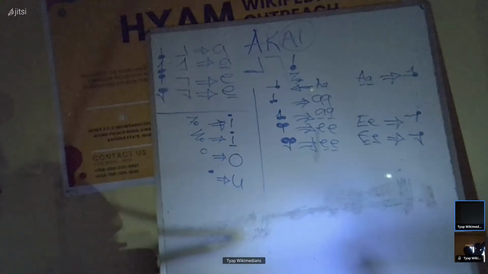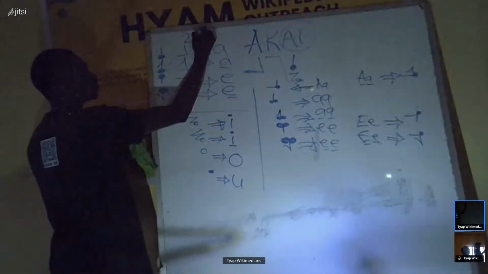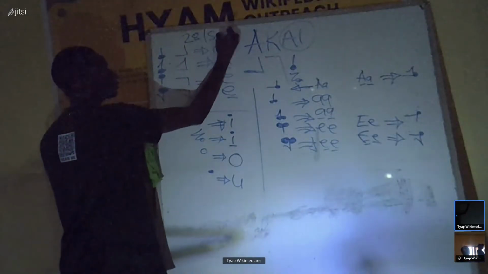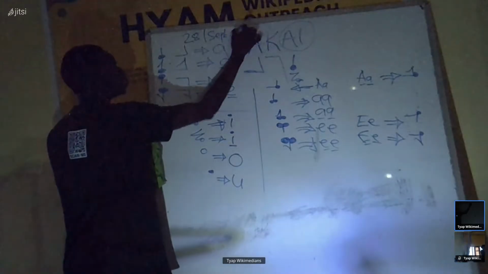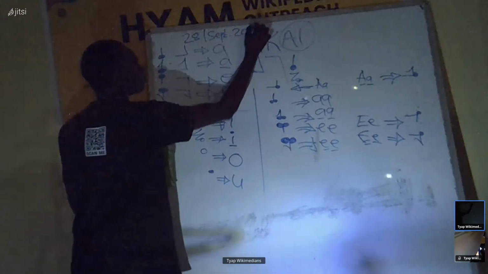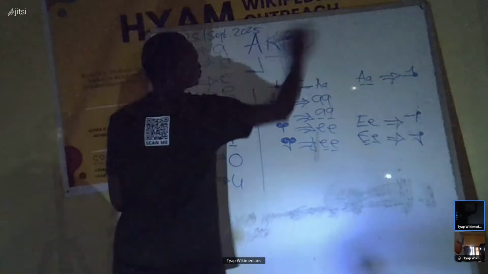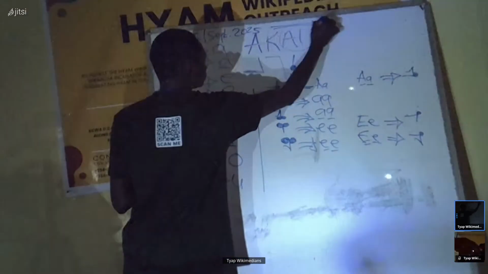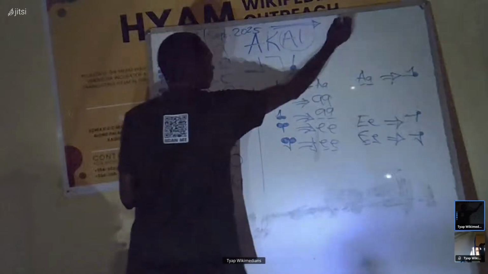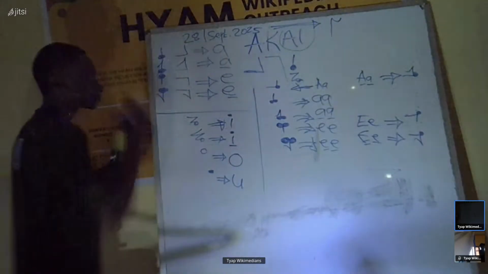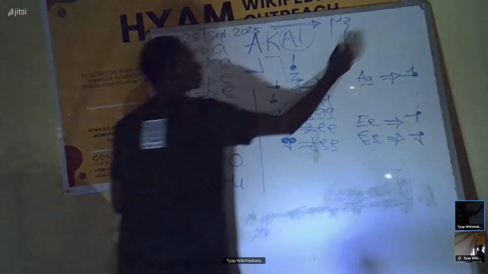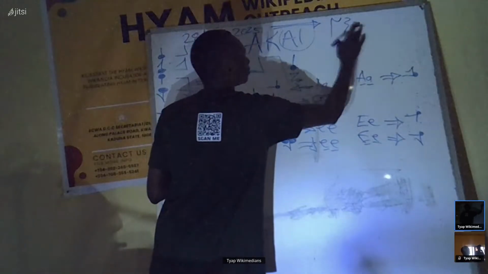So okay, what's the date? Okay, 28th of September 2025. But also write this date in your title. So we have 28th of September.